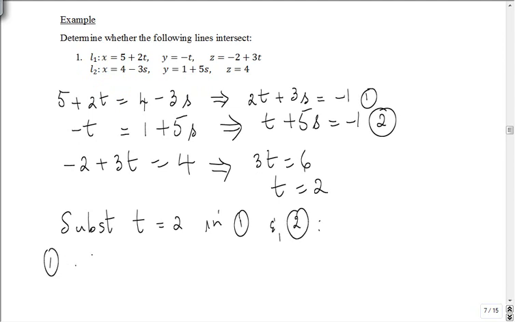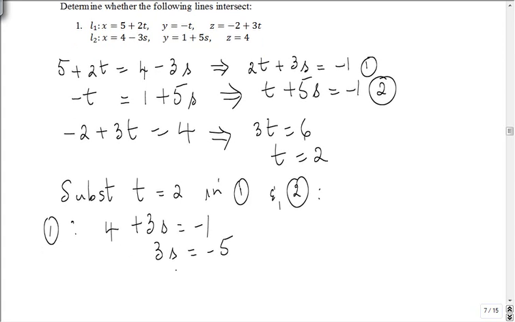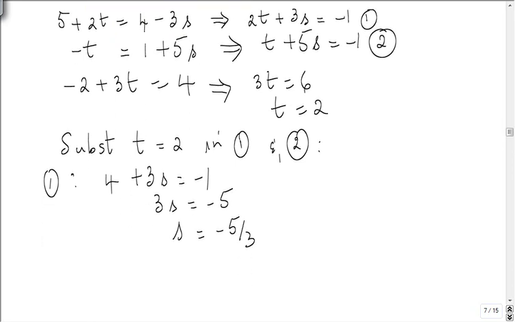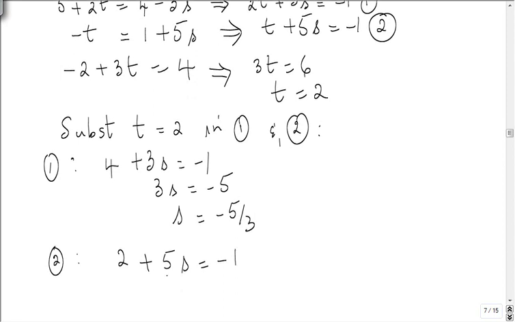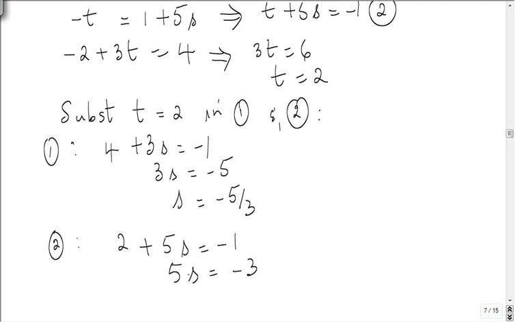So 1 becomes 4 plus 3s equals minus 1. 3s is minus 5. s is minus 5/3. 2: 2 plus 5s equals minus 1. 5s is minus 3. s is minus 3/5.